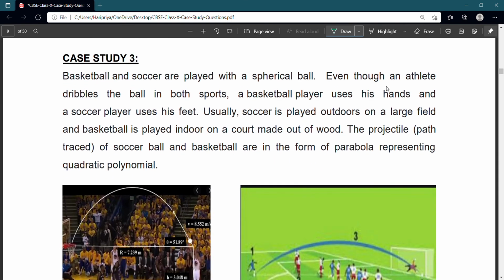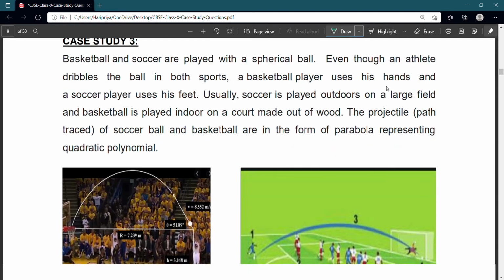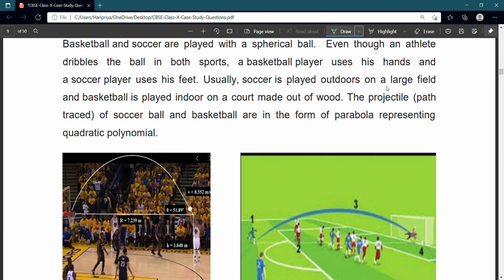Third case study. Basketball and snooker are played with a spherical shape. Even though an athlete distributes the ball in both sports, a basketball player uses his hands and a snooker ball player uses his feet. Usually, snooker is played outdoors on a large field and basketball is played indoors on a court made out of wood.